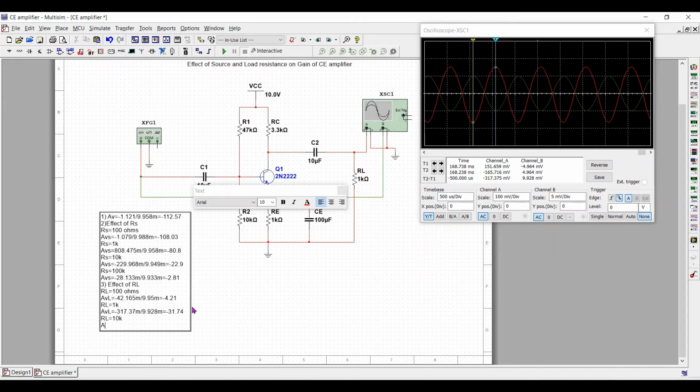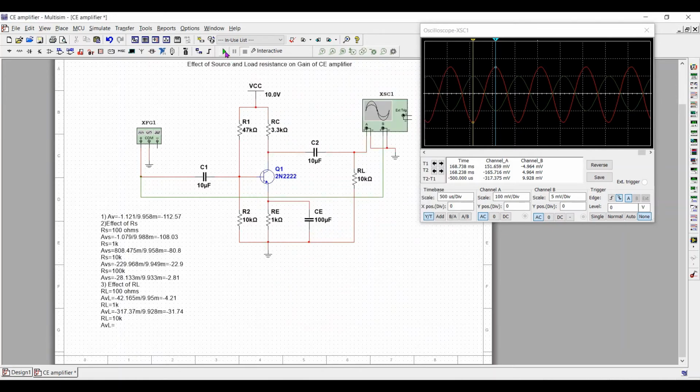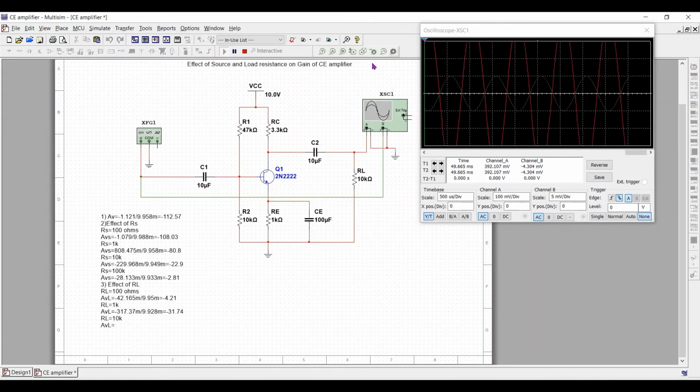AVL is equal to. So let's make this as 10K. Again, we can see that it has increased.